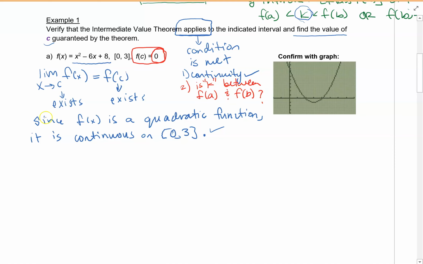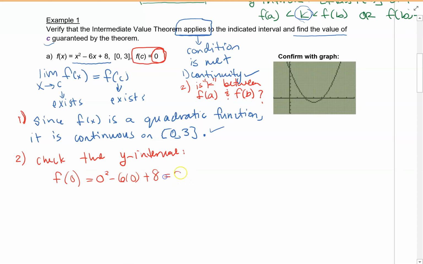So thing 1, the function is continuous, that was met. Thing 2, we're going to check the y interval. So we have to evaluate f of a, which in this case is f of 0, and that gives me 8. And then we check f of b. So we have f of 3.